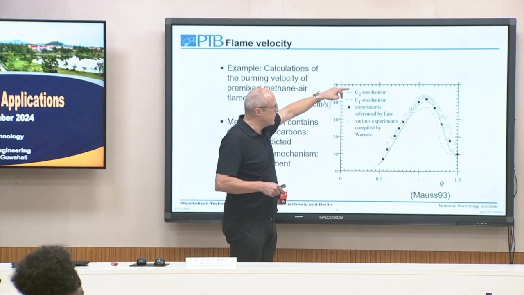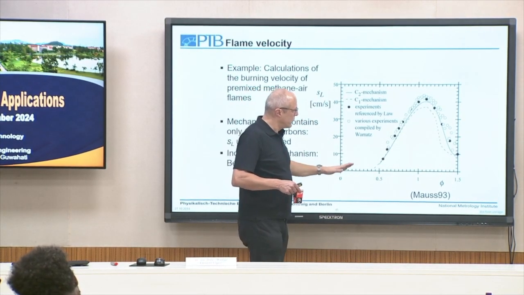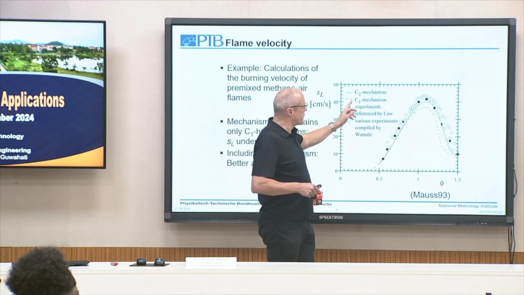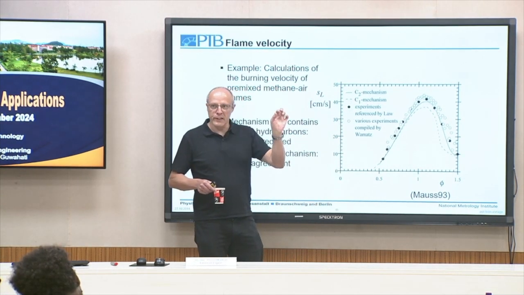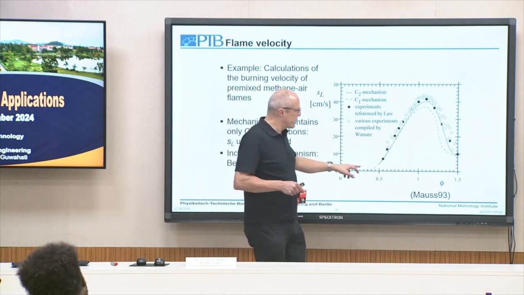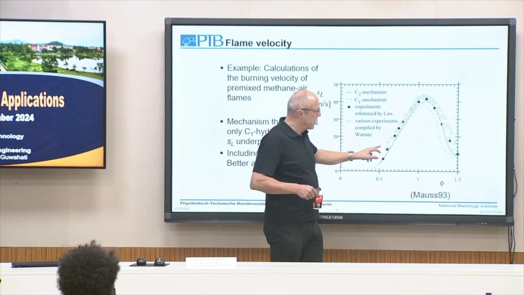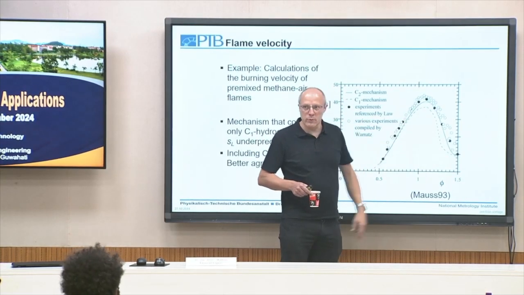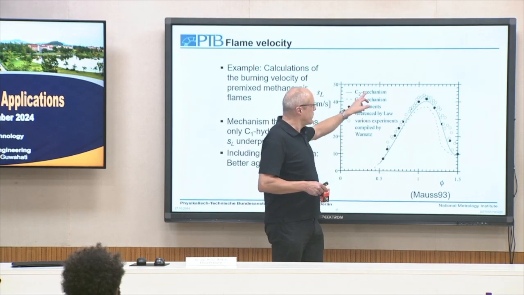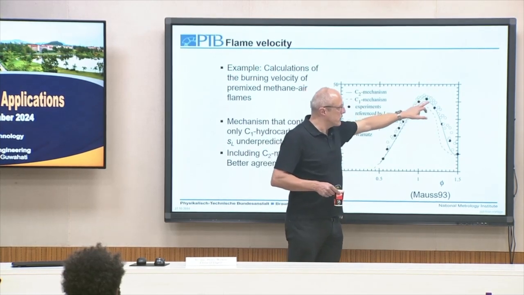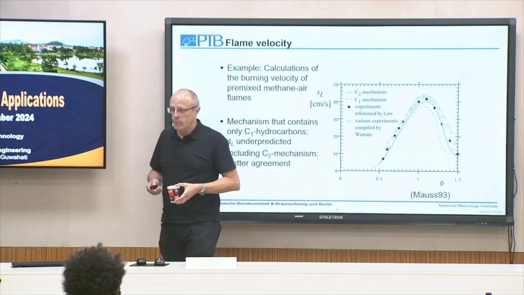We have a C1 and a C2 mechanism. If we only consider this C1 part and neglect every reaction where we have C2 species, we see this works quite well in the lean part, and in the rich part we have large deviations. If we extend the mechanism using this C2 part, we can see we get much better results.